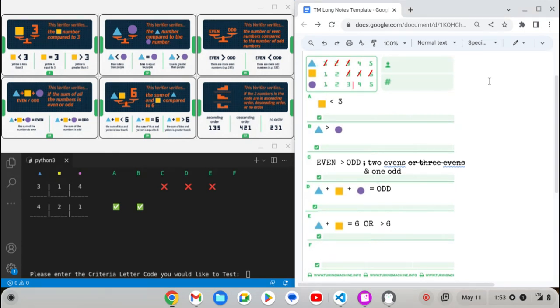It's impossible for a triangle to be bigger than 5. So that means that circle cannot be 5. Okay, it could be 4. That would force triangle to be 5. So it could be 5 and then 4. And then of course 5 and 4 are all greater than 1, 2, and 3.